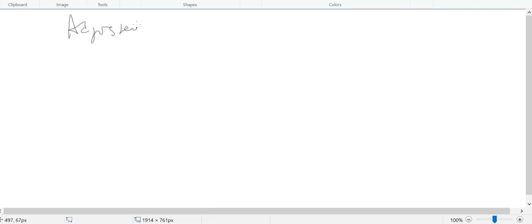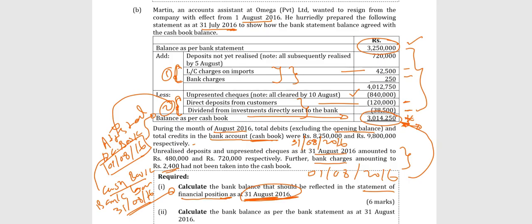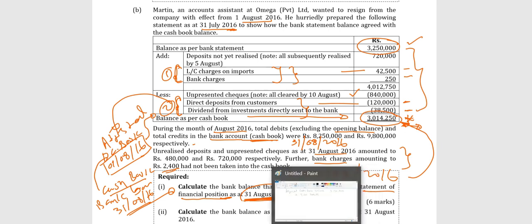So adjusted cash book balance 3,130,000. So during the year, total debits, how much? 8,250,000.